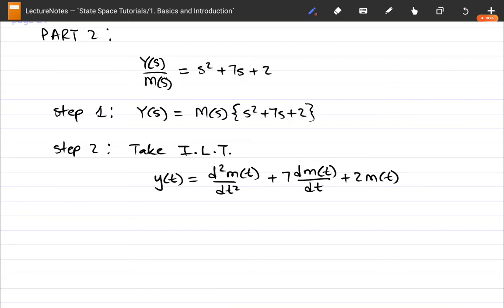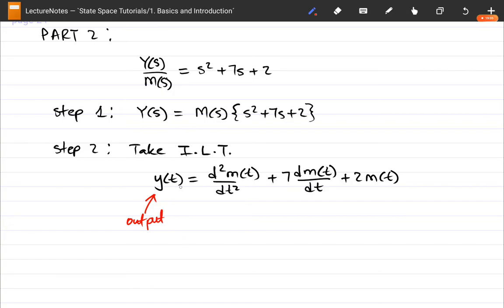But what we have in effect is a full definition of our output, because y of t now is standing on its own, and there's no output here to confuse us. So this is just our output on its own.